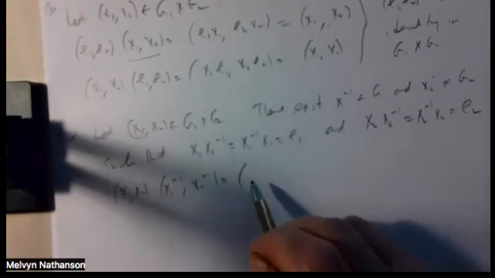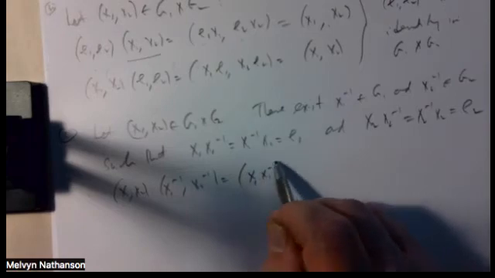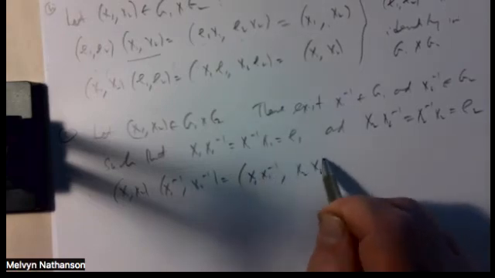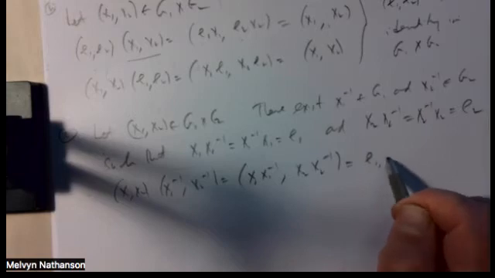So if I take (x1, x2) in the product group and multiply it by (x1 inverse, x2 inverse), again multiplication is coordinate-wise. This is (x1 x1 inverse, x2 x2 inverse), that's (e1, e2).